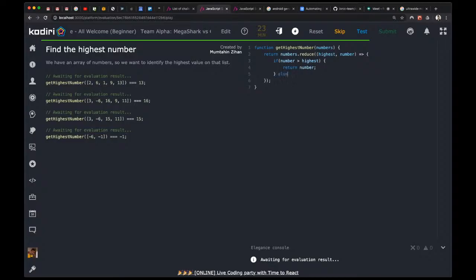Else, return highest. Or we can do a ternary instead. Return number greater than highest, then number else highest.